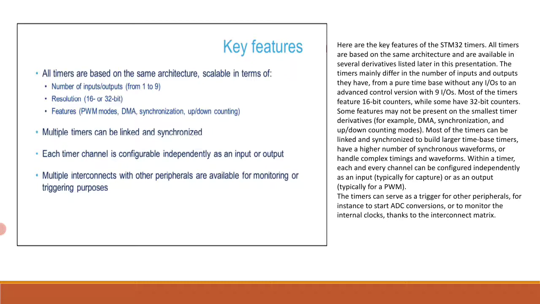Some features may not be present on the smallest timer derivatives, for example DMA, synchronization and up-down counting modes. Most of the timers can be linked and synchronized to build larger timers, have a higher number of synchronous waveforms or handle complex timings and waveforms.